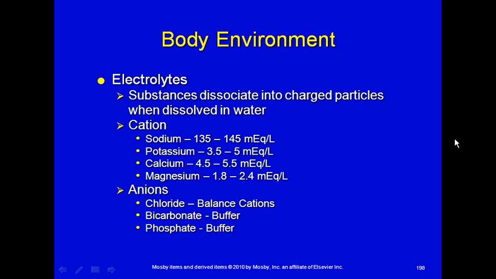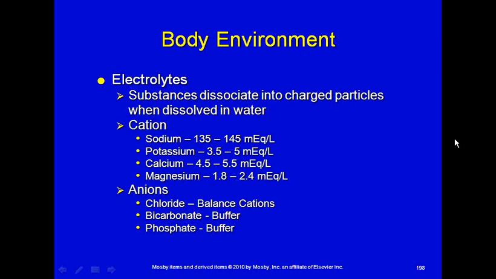Now anions are negatively charged particles, and these have a natural affinity to bind with the cations. As an example, chloride is an extremely important anion that helps balance the cations. Sodium chloride, that's table salt, and we have a lot of sodium chloride in our body. Potassium chloride, calcium chloride and magnesium chloride are all electrolyte combinations that we have in our body.